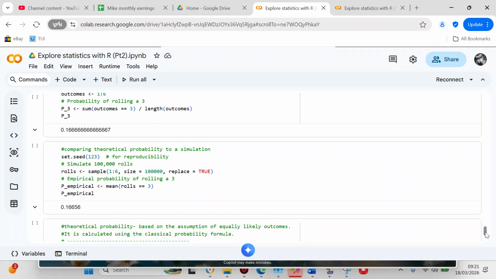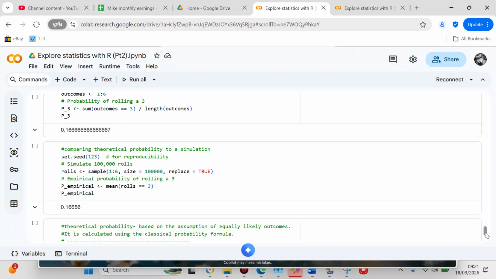So the empirical probability of rolling a 3, P_empirical, becomes mean(rolls == 3), and your empirical probability is 0.1656. So this is a simulated probability.